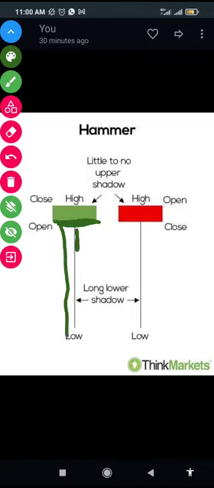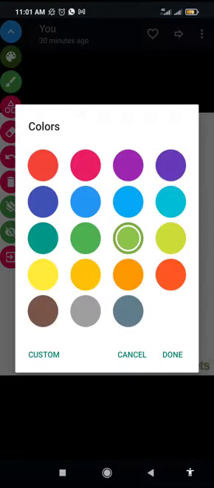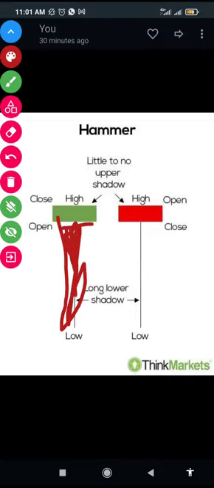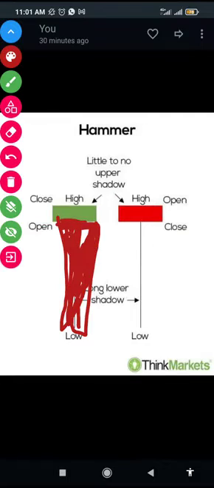Initially it was red, a big red candle here. Everything was red.